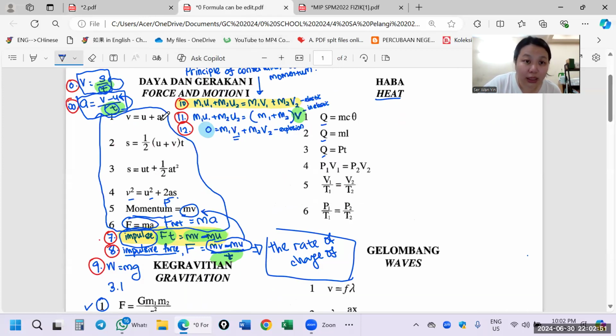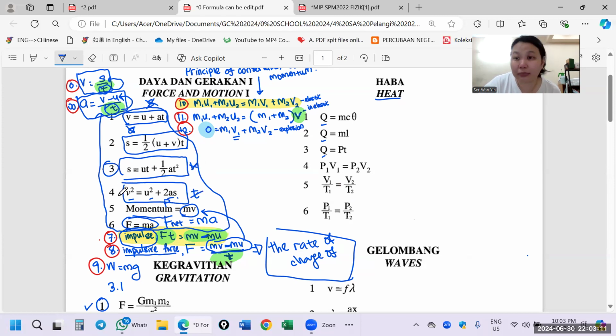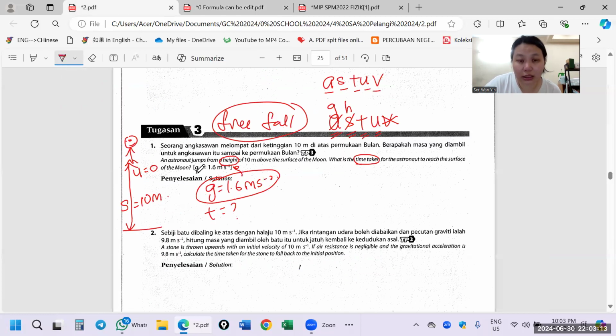For example, this one doesn't have S, this one doesn't have A, this one A, S, T, U doesn't have V, and this one doesn't have T. So use number 3. This is how we check.